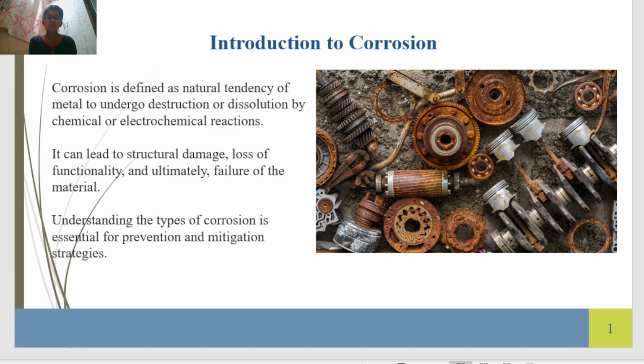Corrosion is basically defined as the natural tendency of a metal to undergo destruction by dissolution or by chemical or electrochemical reactions, which can lead to structural damage, loss of functionality, and ultimately failure of the material. Understanding the types of corrosion is very much essential for prevention and mitigation strategies. Corrosion is similar to rusting.